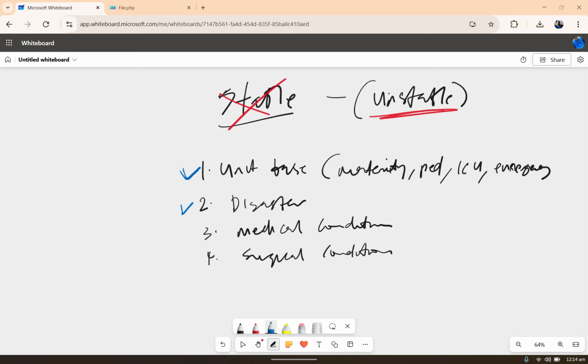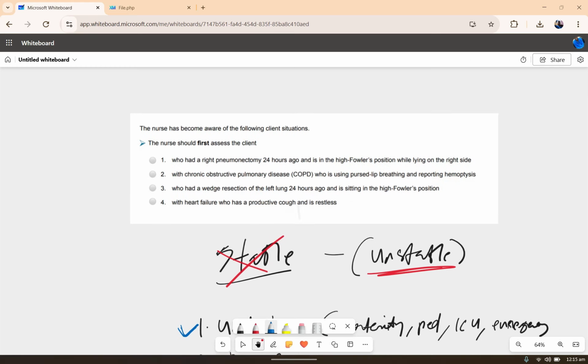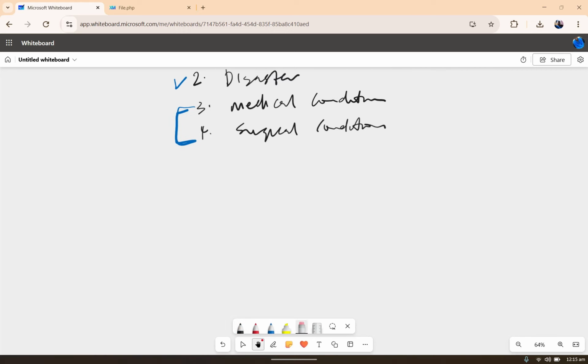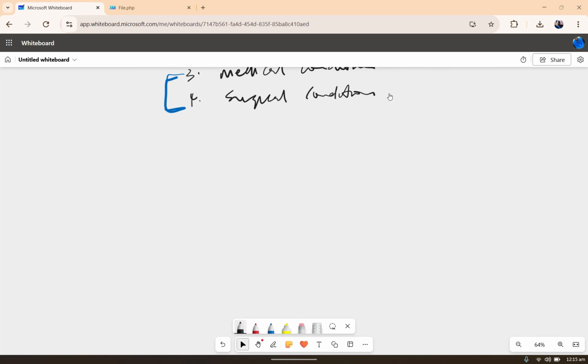NCLEX wants you to use a certain principle, but this is what I'm going to be focusing on based on this question I have right here: medical condition and surgical condition. Now, when you prioritize using medical condition, what do you prioritize using?